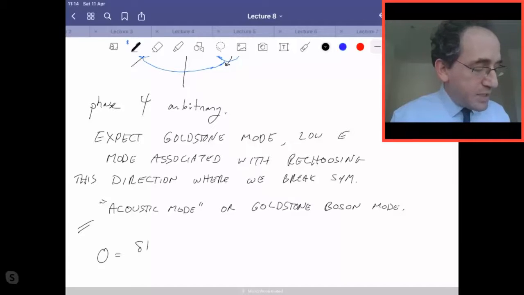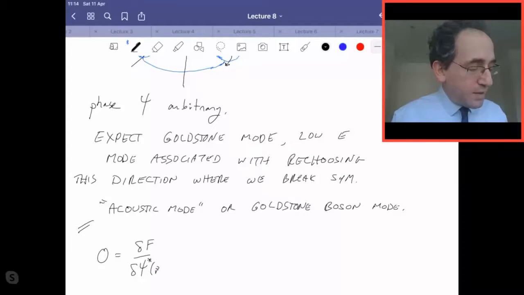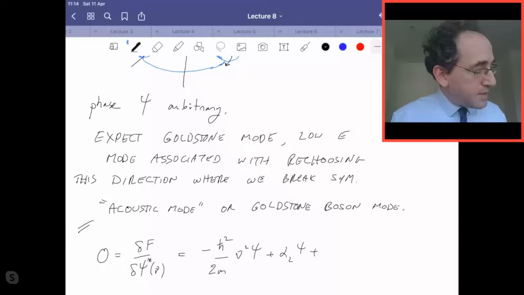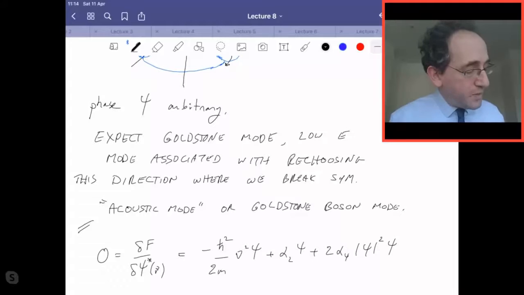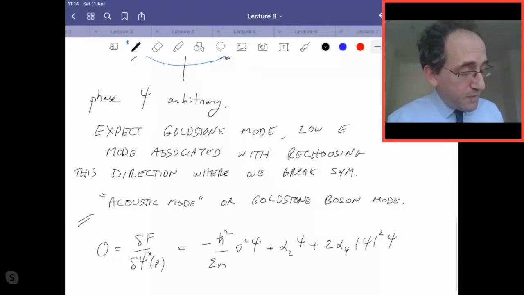We take the free energy and functionally differentiate it with respect to psi star of r, and putting back in the spatial dependence, we get minus del squared psi plus alpha 2 psi plus 2 alpha 4 psi squared psi. Setting this equal to 0 gives us the nonlinear Schrodinger equation that we talked about before.